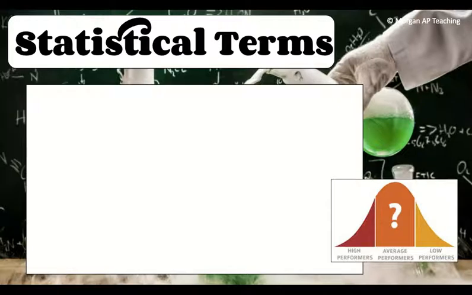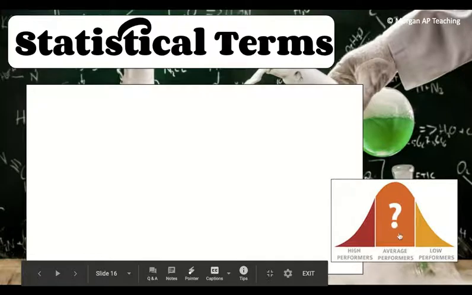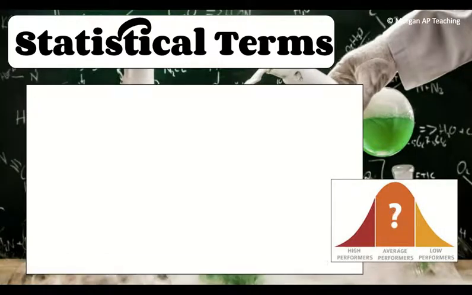So when we have data, we want to find the central tendencies. Basically, where is most of the distribution located in the middle of the graph? If you look at this graph down here, we want to find where's that middle, where most people are falling in the data that we're getting.